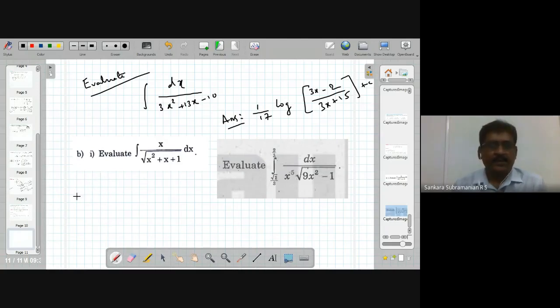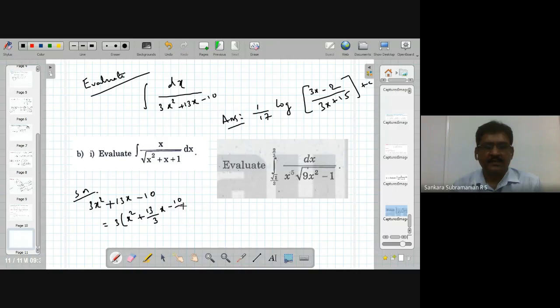You have 3x square plus 13x minus 10. Usually I want to take 3 out so that it becomes x square plus 13 by 3 x minus 10 by 3.